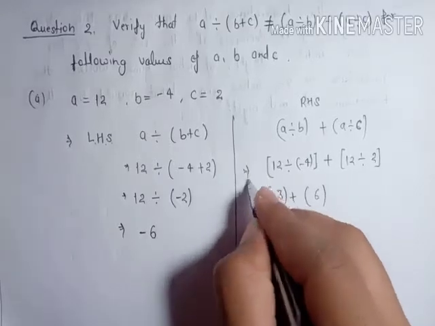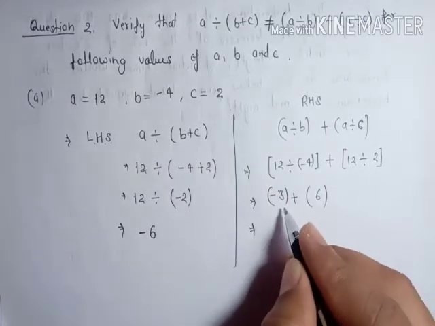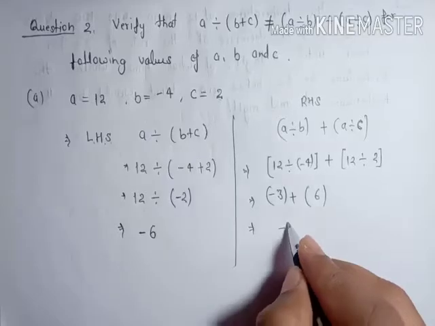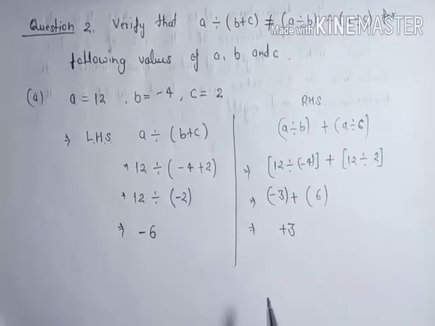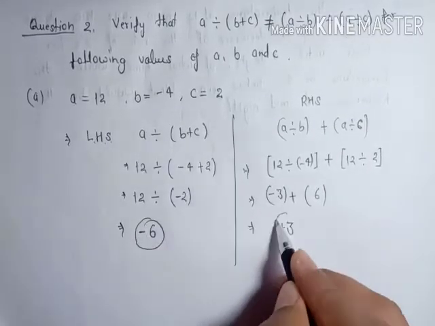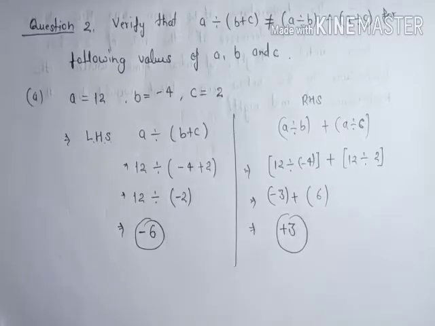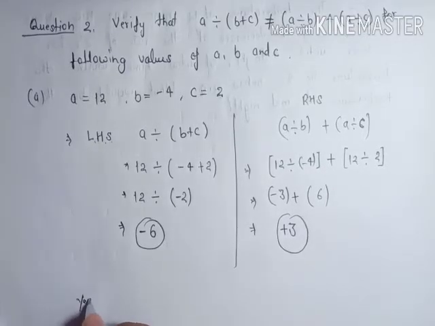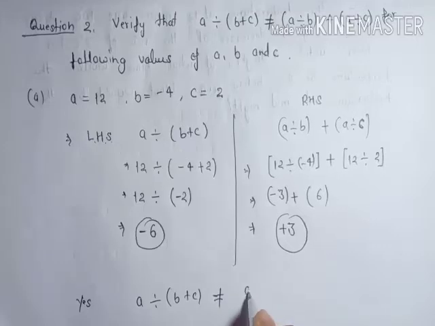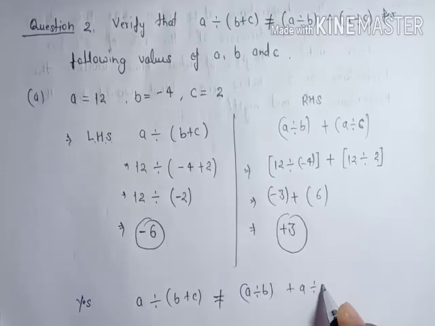This is our next step, and here the sum of minus 3 plus 6 is plus 3. So in both cases you can see your answers are different, so you can write yes, a divided by (b plus c) is not equal to a divided by b plus a divided by c.